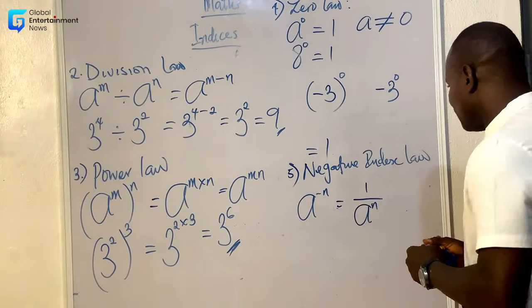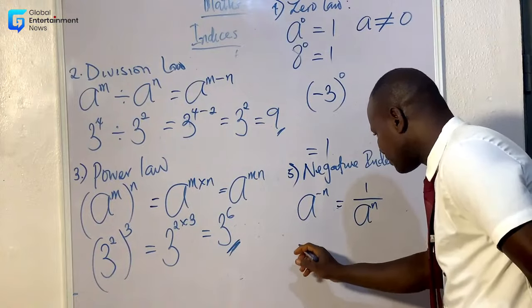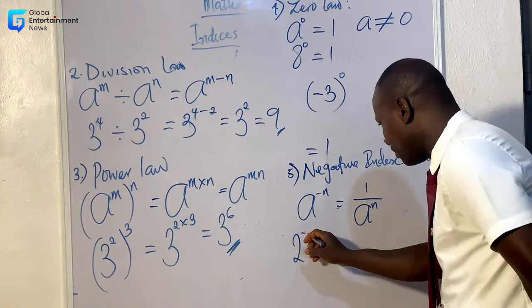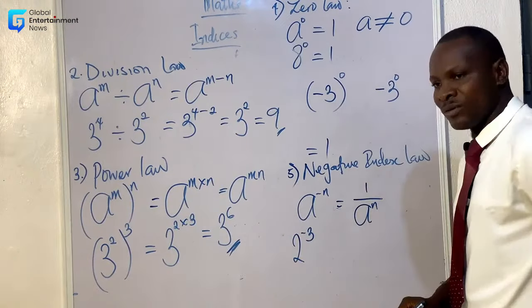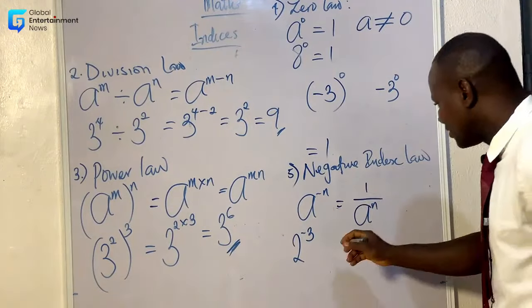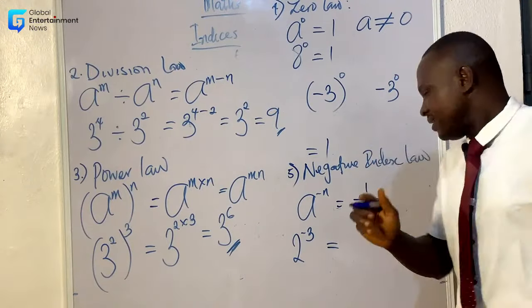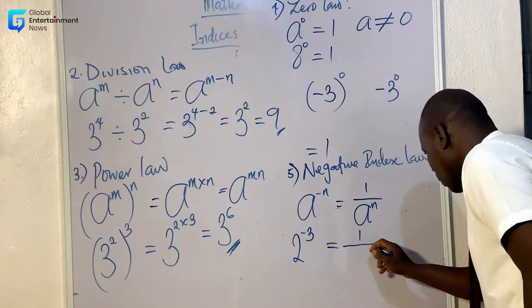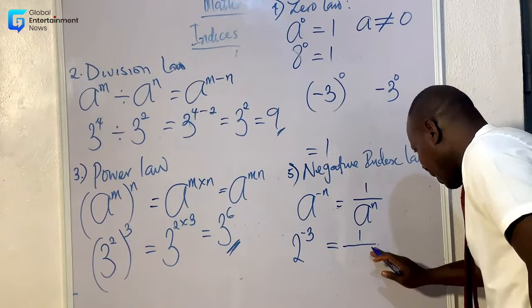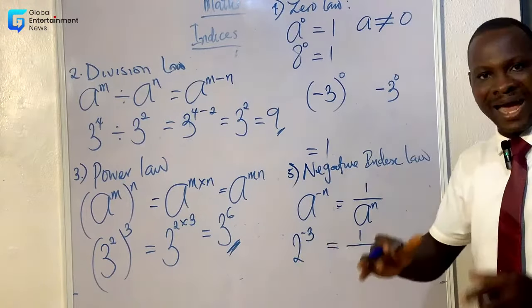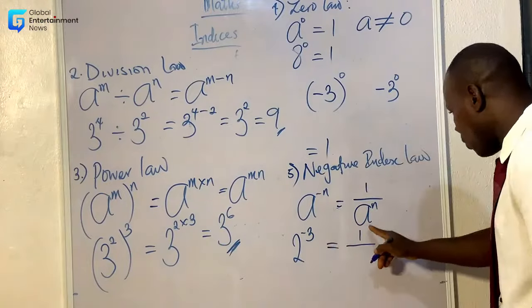Now, for example, if I have something like this, 2 raised to power minus 3, when you look at the minus, that is the inverse there. It means 1 all over. So we've turned the negative form to 1 all over.